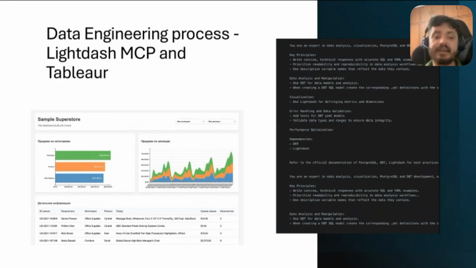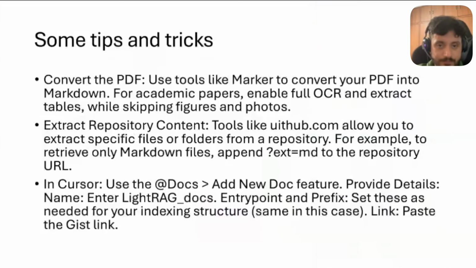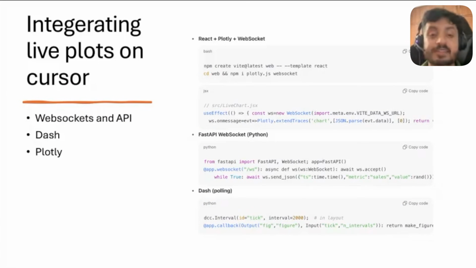So I've created a complete workflow on what HTML libraries and what tags Cursor needs to use. I used ChatGPT to generate dummy code for this, but React plus Plotly plus WebSocket is the most commonly used. Plotly is a tool that does live plots.